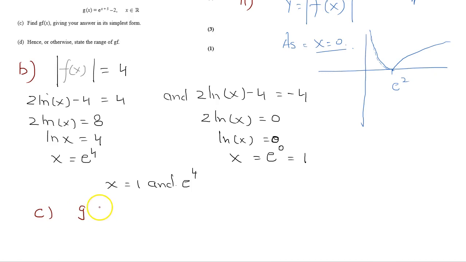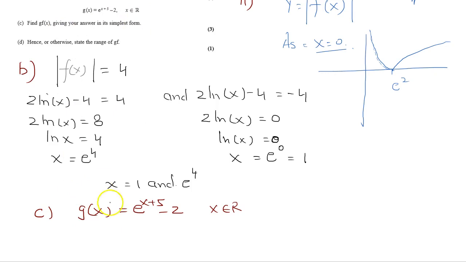That is part C. It says gx is equal to e to the power x plus 5 minus 2 and x belongs to R. Find gfx.